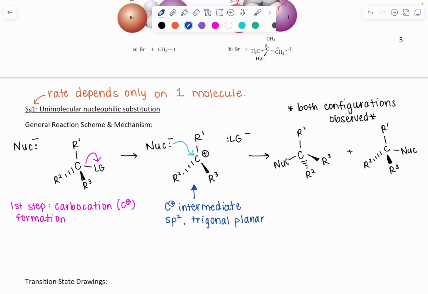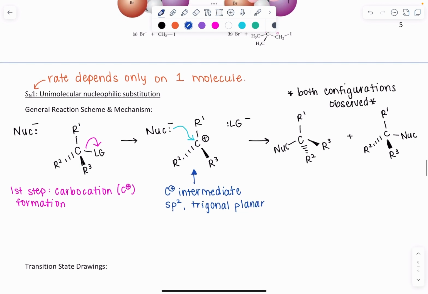So this is a planar molecule. R1, R2, R3, and the carbon are all on the same plane. I'll try to draw this viewing from the side. So if we put R1, R2 is pointing behind, R3 is coming forward.